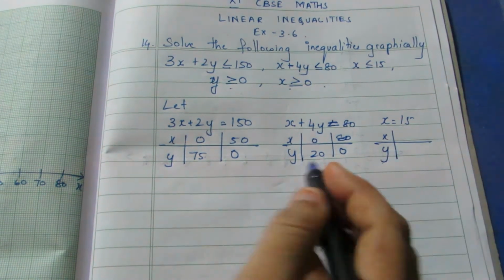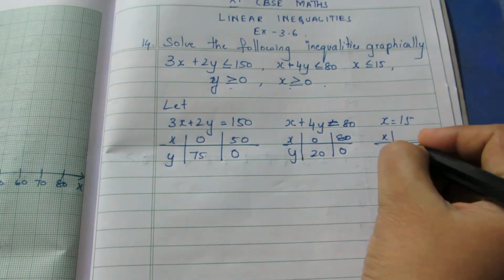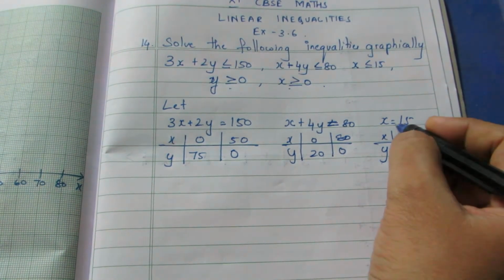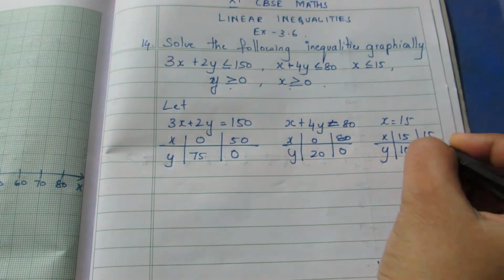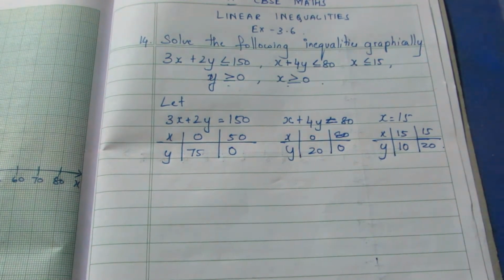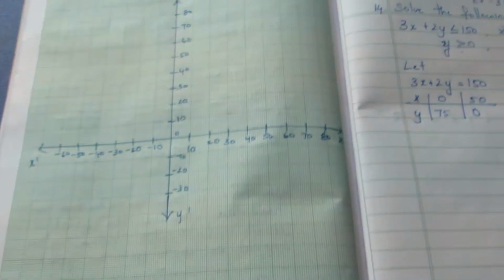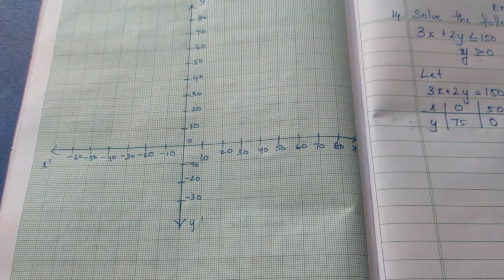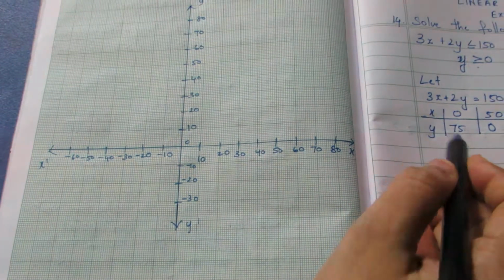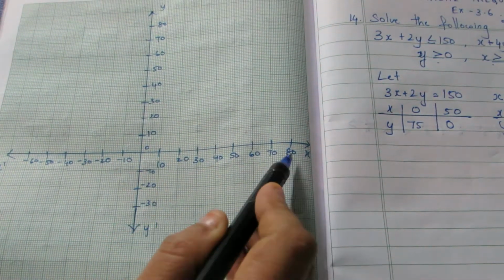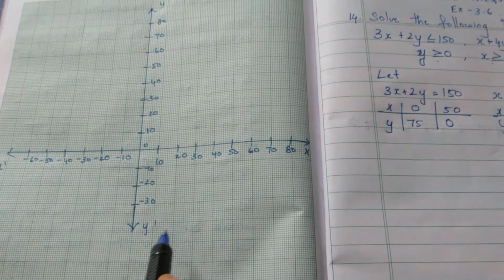The numbers are very big, so let me take y to be 10, 15, because there is no change in your x value, since x is 15. I am taking the numbers bigger because I have taken a graph of huge numbers, as the solution is very large. So take the numbers as 10, 20, 30 so that you can plot it easily.